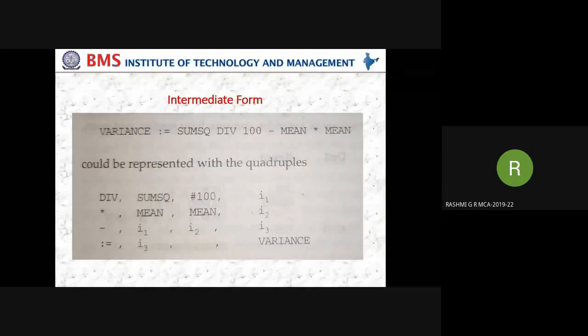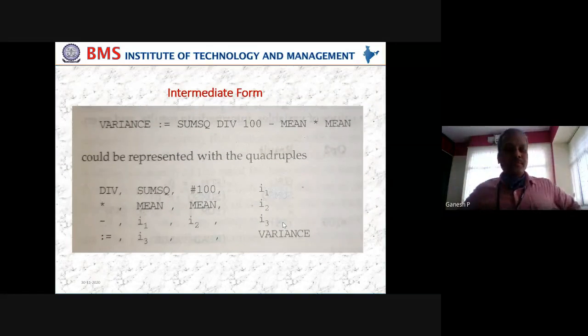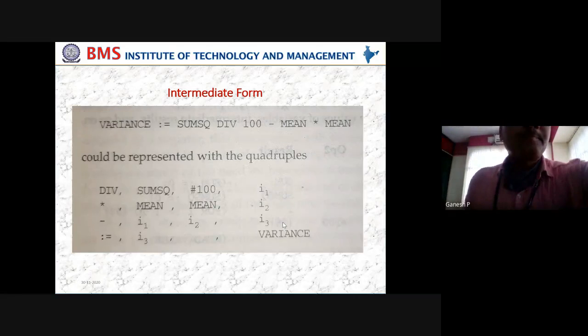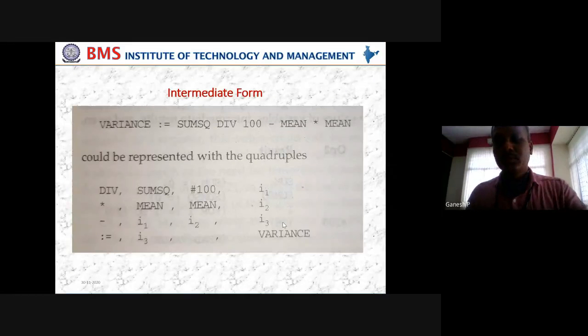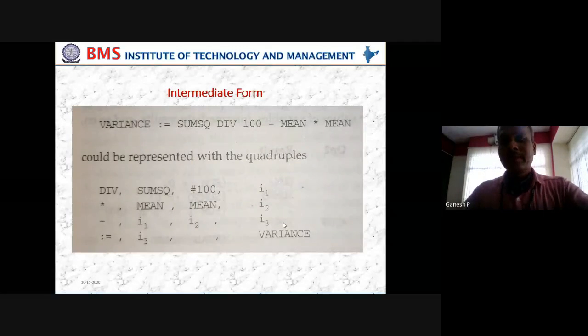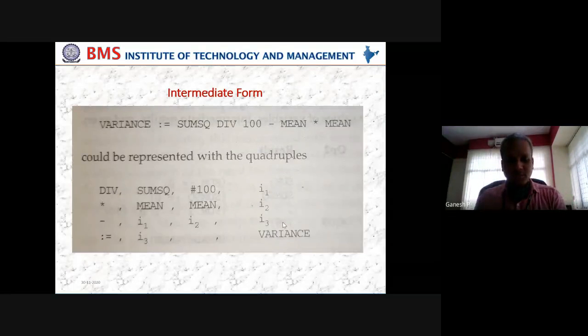In the previous class, we left at this point of discussion where variance = sumSQ / 100 - mean * mean was considered to identify various quadruples that can come under this. The solution was already given by Sunil, I believe, and the same thing is mentioned here for your reference.